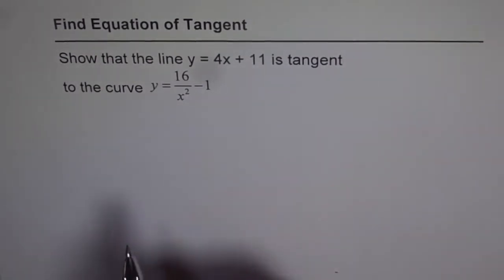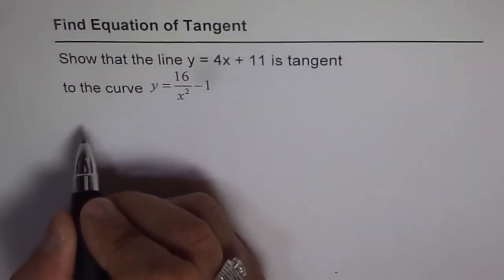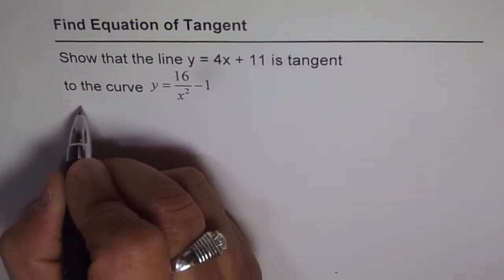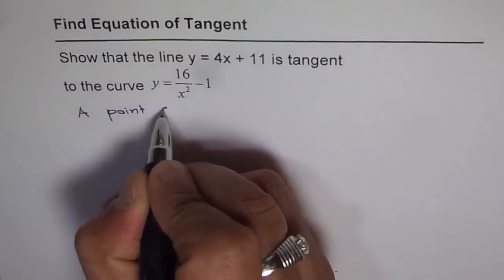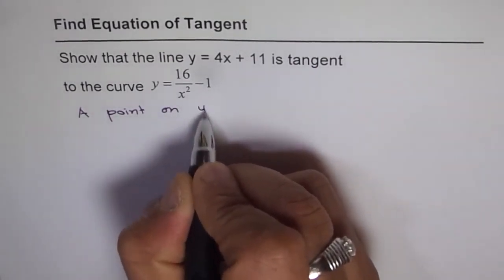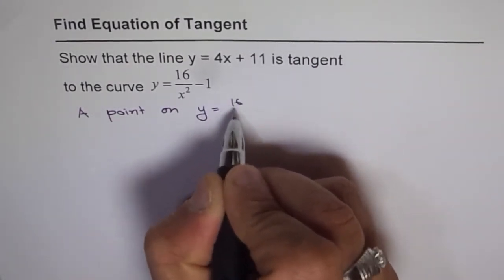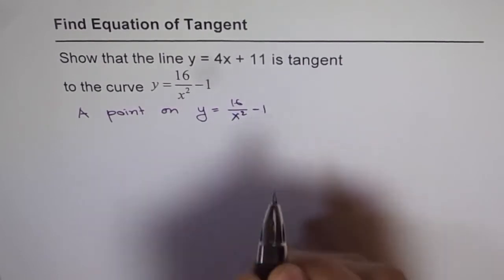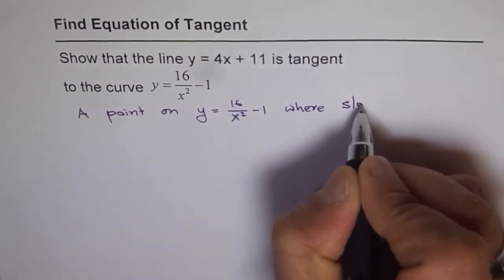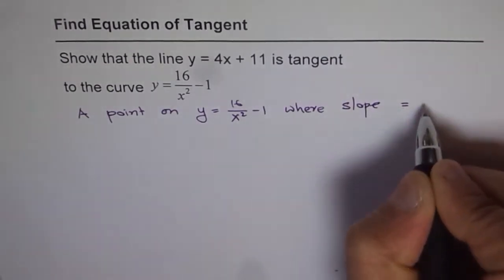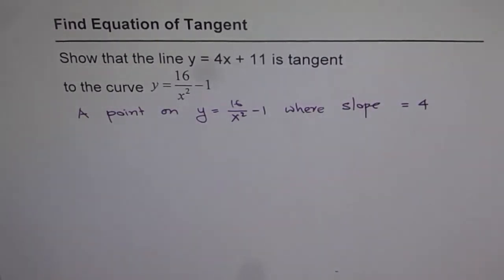So what we are really looking for is a point on the function y equals 16 over x squared minus 1 where the slope is equal to 4, right? Why 4?